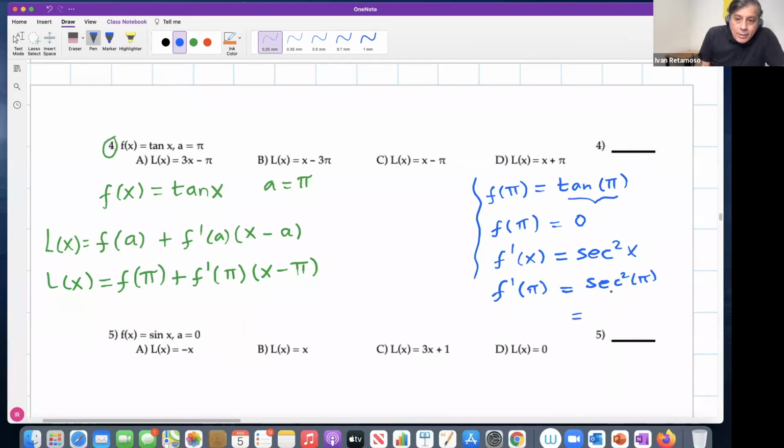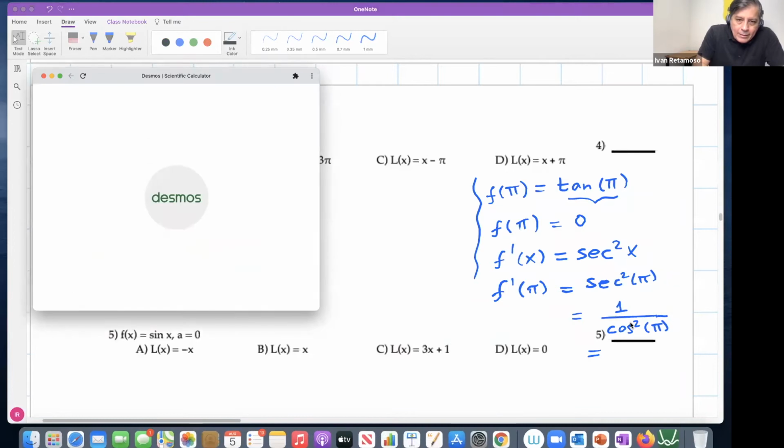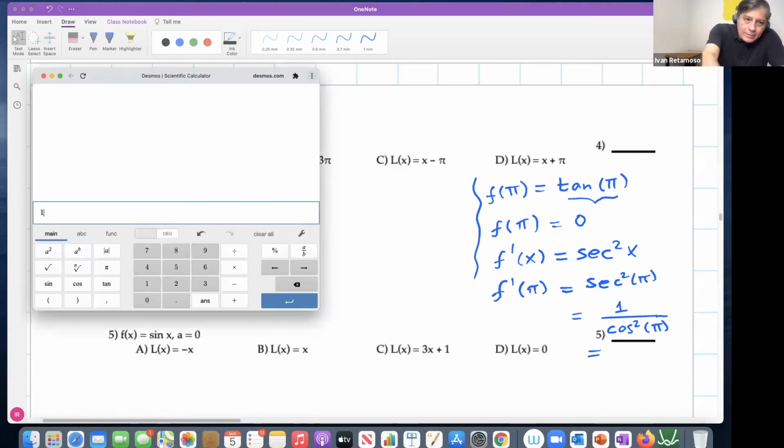So I'm going to rewrite this secant square as 1 over cosine square of pi. Follow, guys? Because remember, secant is 1 over cosine, and squared, it is 1 over cosine square of pi. So let's compute this. What is this guy? Well, cosine of pi is -1, so the whole thing should be 1. But let's confirm this in the calculator.